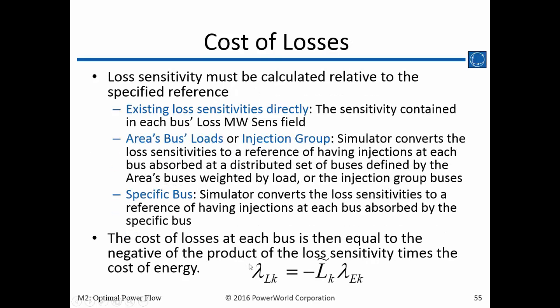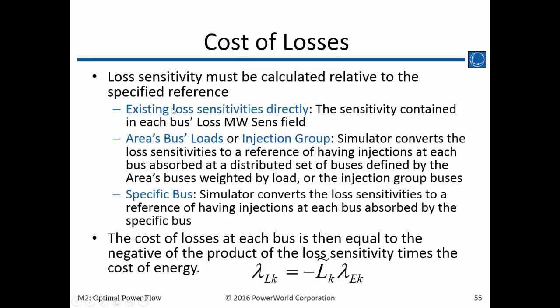Okay, and then the cost of losses is just going to be equal to the negative of the loss sensitivity times the energy component that was calculated in the previous step. And this depends on the reference that you pick in the previous one.